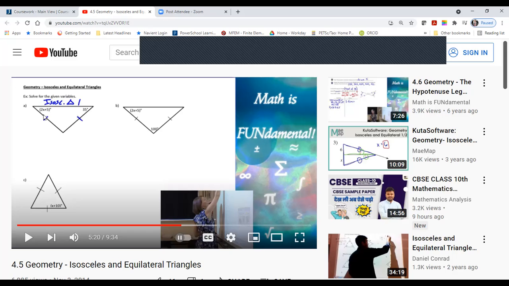I mean, this angle equals this angle, so 2x plus 5 equals 35, and then you can find x, right?